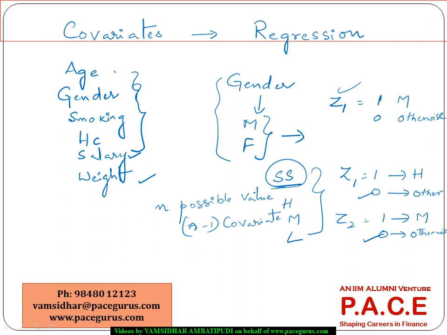So once we have identified the various covariates for our model, then we are trying to fit a model using the regression. Using regression, we are trying to fit a hazard function, mu, which is a hazard function. I am trying to model it based on the covariates Z1, Z2, Z3.